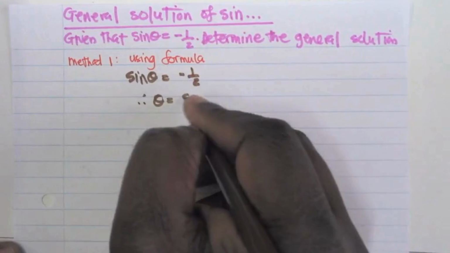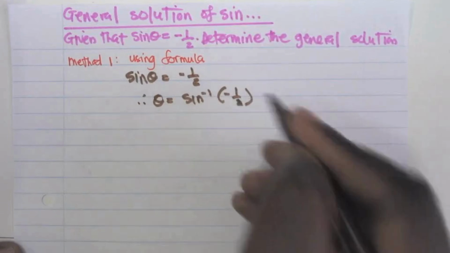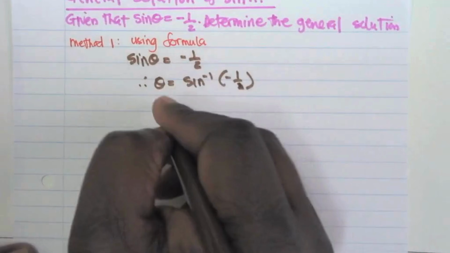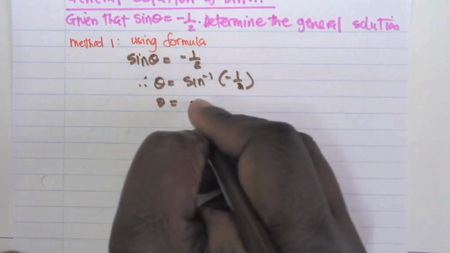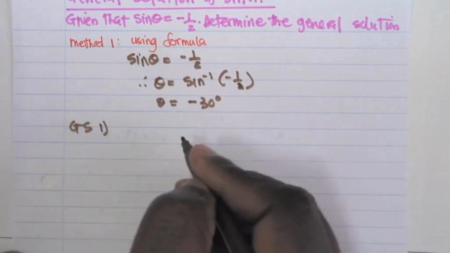Therefore, theta is equal to sine inverse of negative half. In this method here, I do not ignore the sign. So theta is equal to negative 30 degrees. Then I proceed to do my general solutions.